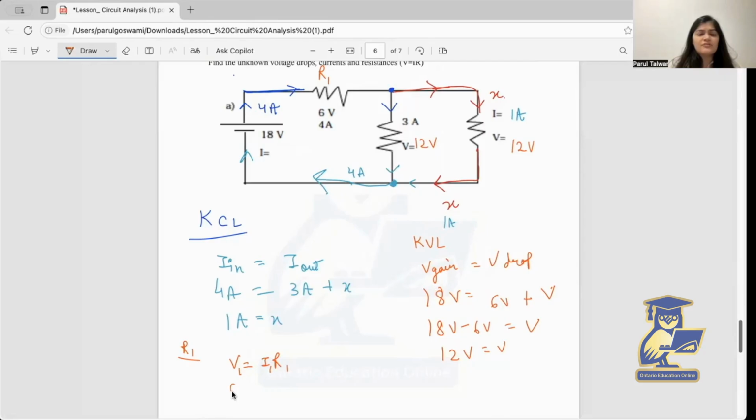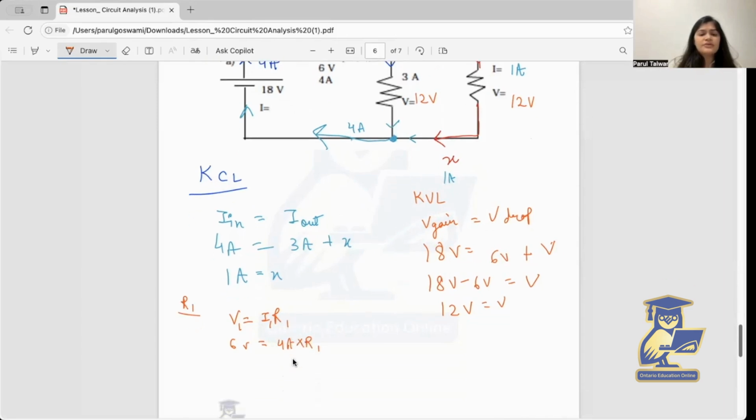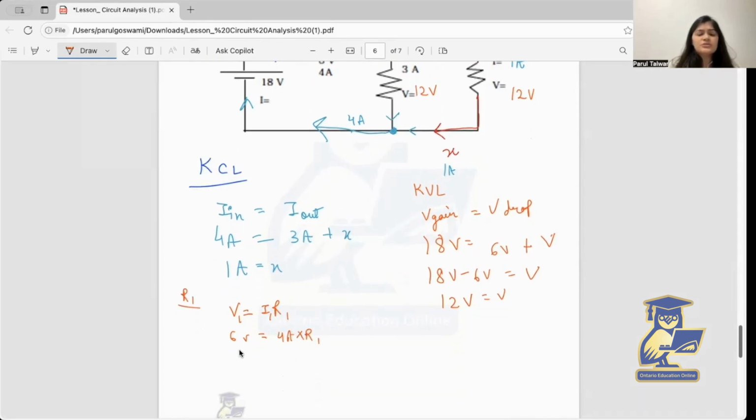I can just plug in the values. I1 is 4 ampere and R1 is the unknown quantity. So we can rearrange the equation. It would be 6 volt divided by 4 ampere, which would be the resistance. So 6 divided by 4 is resistance 1, which will give us 1.5 ohms.